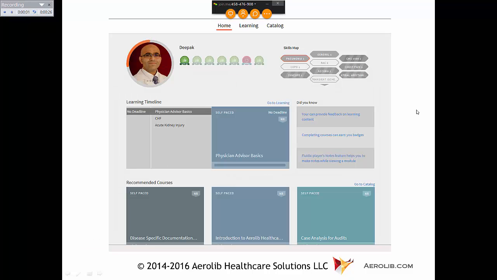Once you log in, you'll see your picture here once you upload it. A lot of topics on the skills map, your badges, some of the common topics that are already on. We have more than 20 topics on disease-specific documentation right now. There's more about the 2 midnight rule, the MACRA, the MIPS, the EM documentation 3-part series coming along.